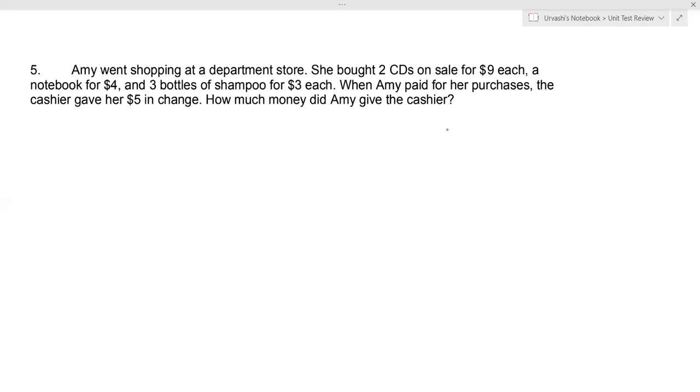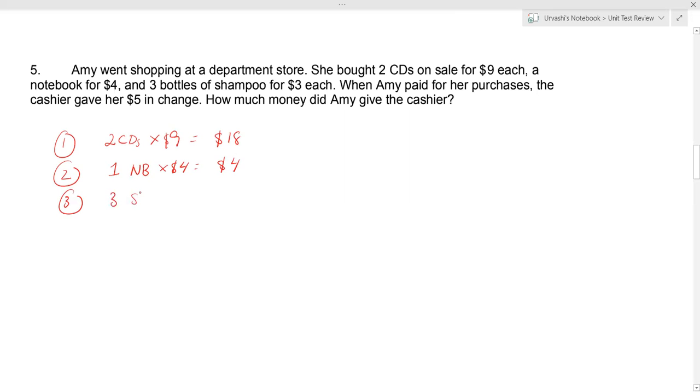So first you see 2 CDs, you would have to do 2 CDs times 9 would be 18. And then 1 notebook times 4 is still 4. And then you have 3 bottles of shampoo times 3 would be 9.